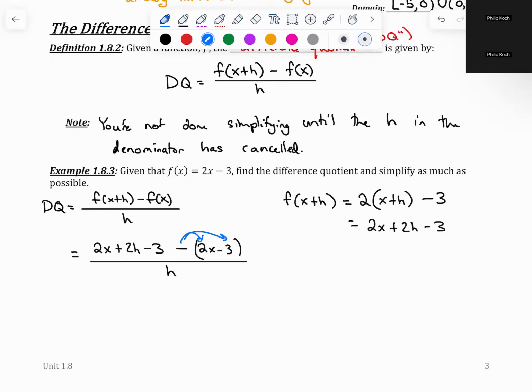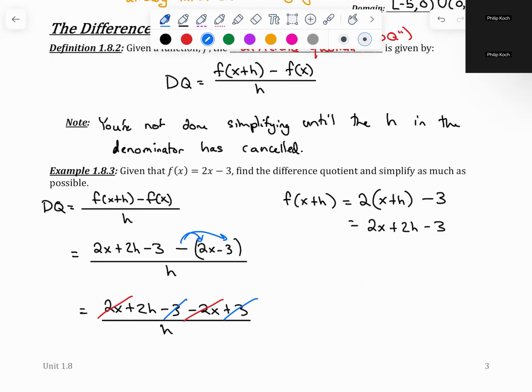So we distribute that minus sign, and then we've got 2x plus 2h minus 3 minus 2x plus 3, all divided by h. And look at that. The 2x's cancel. And look at that. The -3 and the +3 cancel. It's almost like that was by design.